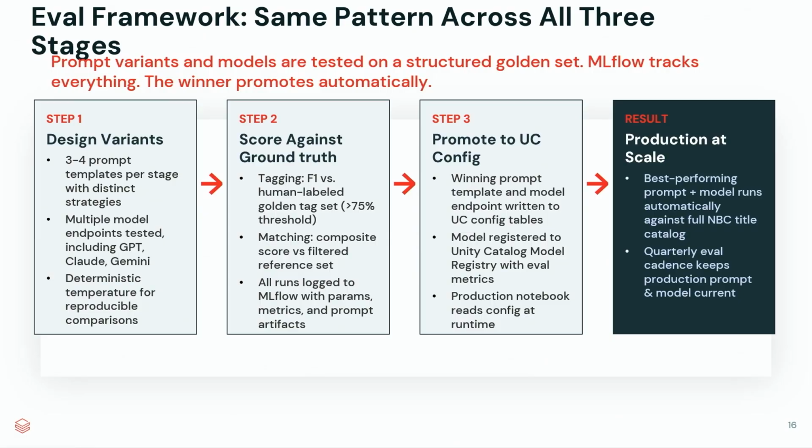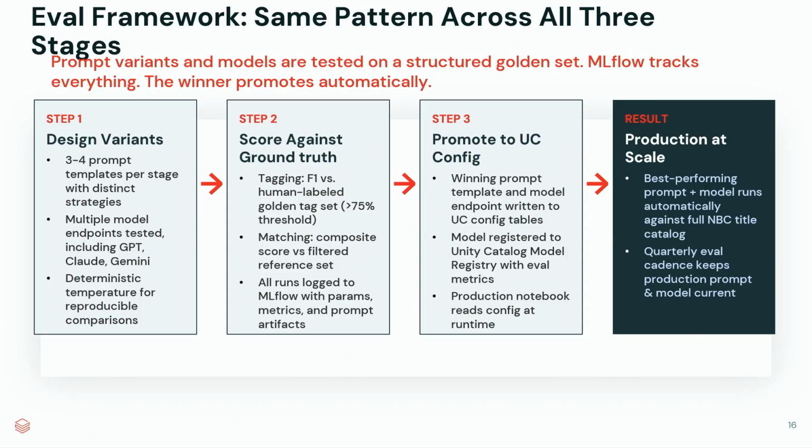Typically, they're the foundation models, the big 3: GPT, Claude, Gemini. We'll test them at pretty deterministic temperatures so that results are reproducible across runs. But the result ultimately is a winning combination of a prompt and a model that's specifically designed to do what we want it to do, whether that's generate a synopsis or tag a piece of content or tag an ad.